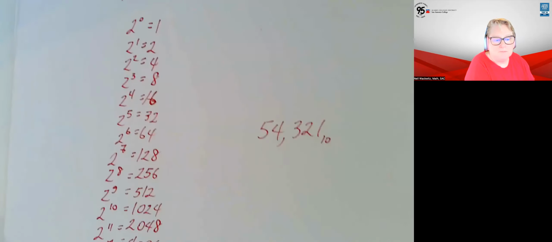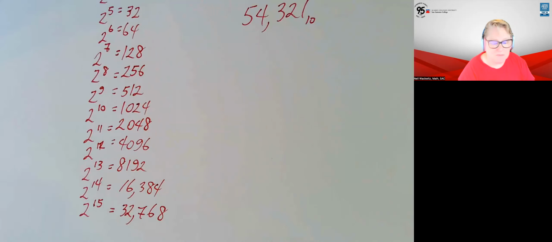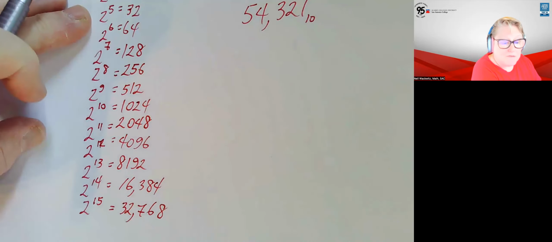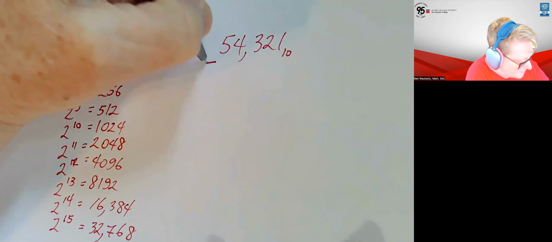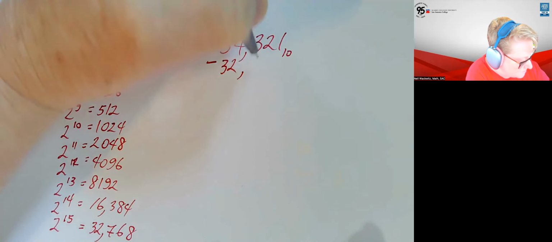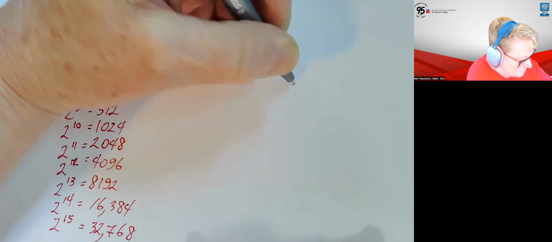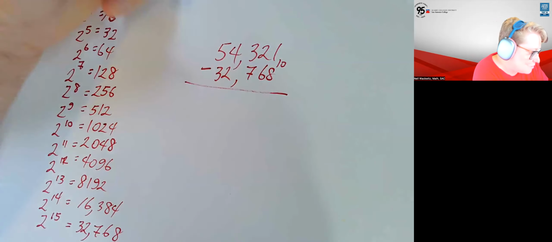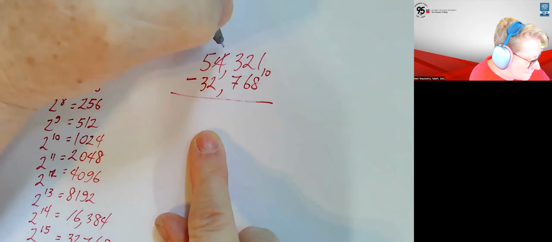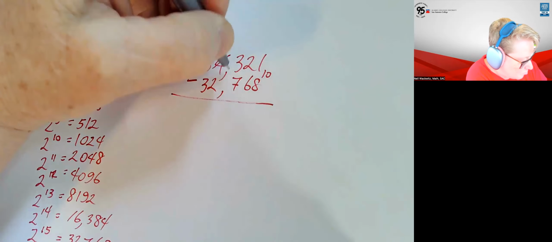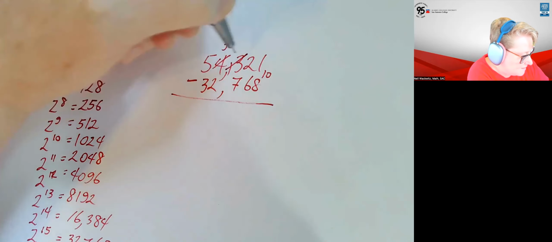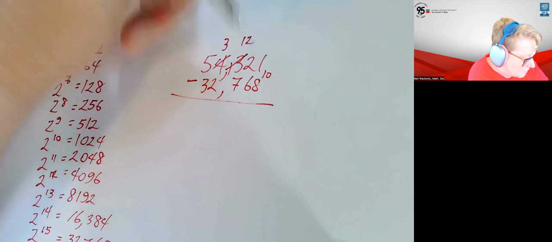Wow. Okay, so what we'll do is subtract off what we need to subtract off. So we can subtract off 2 to the 15th. So subtract 32,768. Oh, great, we get to borrow. This is wonderful. So I borrowed from the thousands place. The 3 becomes 13, which then becomes 12.